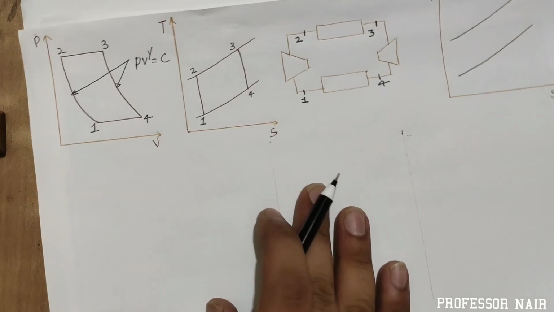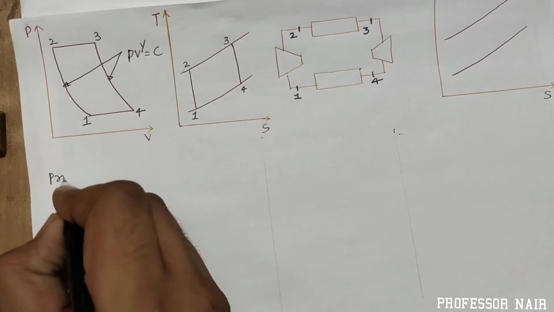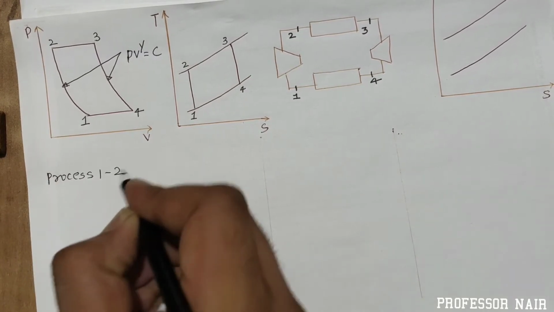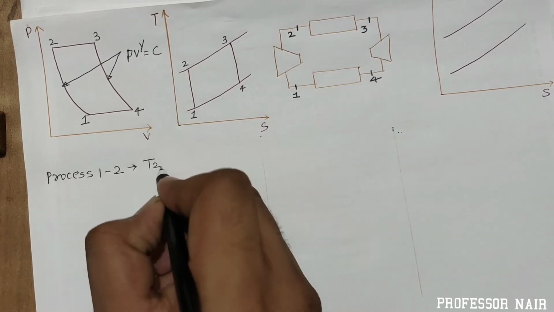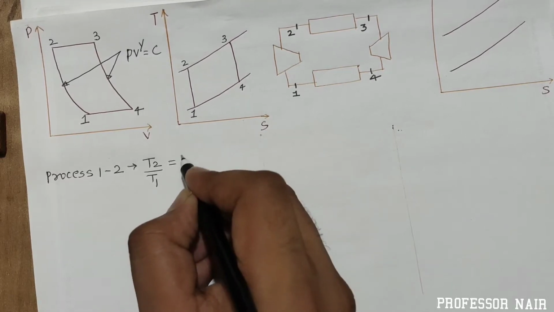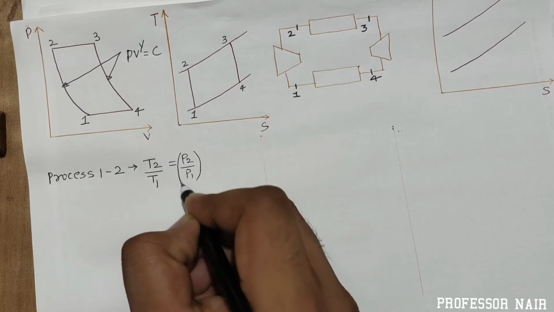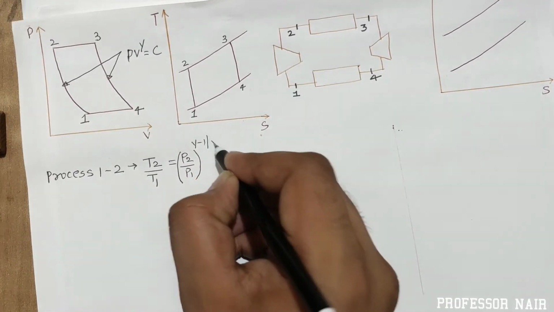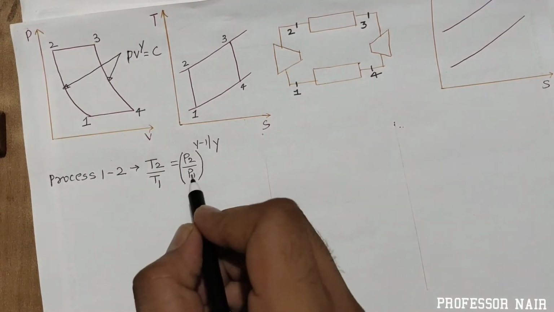So for process 1 to 2, as it is reversible adiabatic compression, its equation would be T2 upon T1 equals P2 upon P1 raised to gamma minus 1 upon gamma, right? This equation we have studied in thermodynamics.